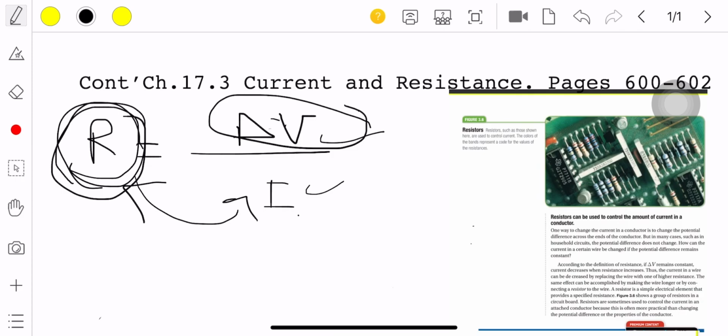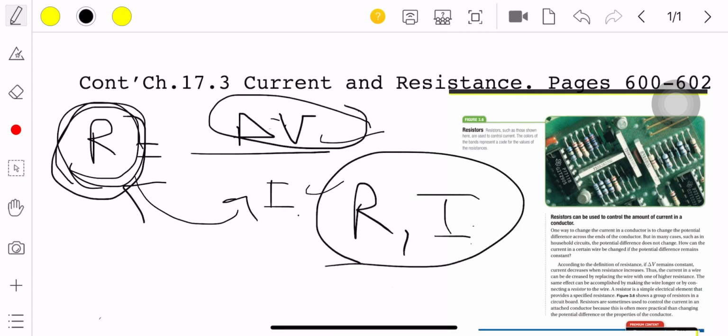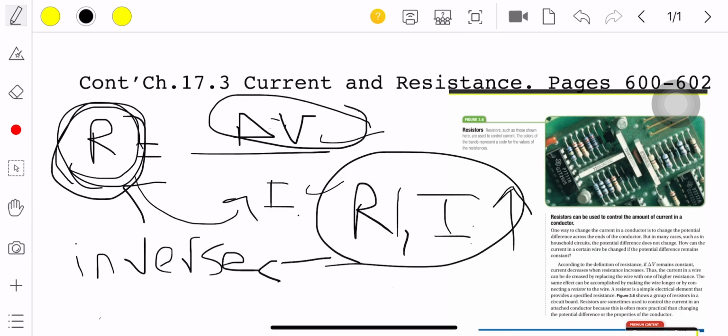Last time we explained the factors that affect resistance. It is an inverse relationship. So as we have more electric current, the resistance will be less, and the opposite is correct.